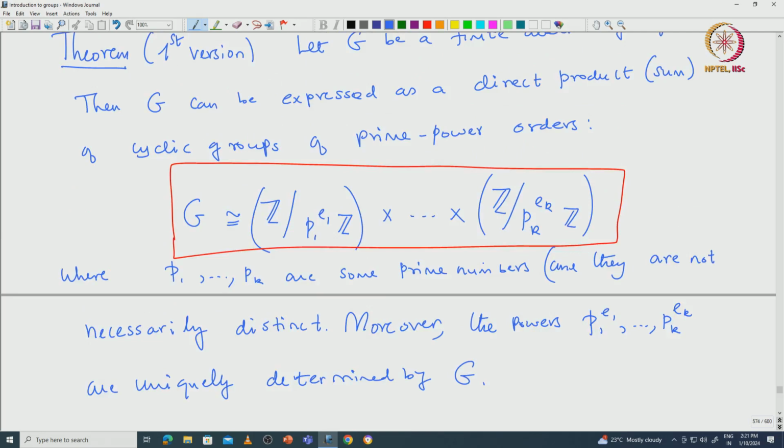In case G is isomorphic to Z modulo q1 to the e1 dash, and so on, Z modulo qk dash to the ek dash Z, then the number of these primes that appear will be the same, and on top of it, these primes, up to permutation, must be the same, and the respective exponents also must be the same.